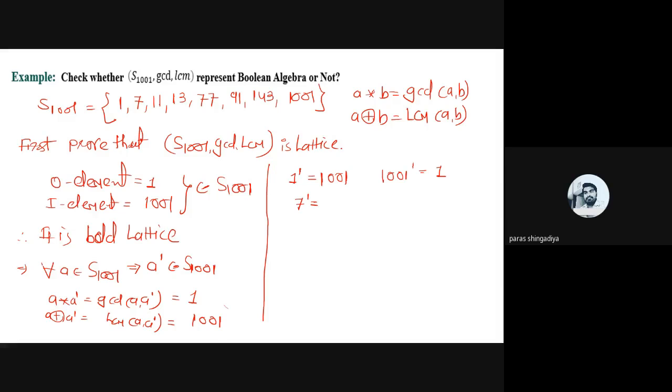You have the possibilities 11, 13, 77, 91 and 143. उसमें से कोई एक नंबर आपको यूज करना है जिसका GCD 7 के साथ 1 हो और उसका LCM 1001. Which number can we consider from S1001? Does anyone reply with the answer? 7 dash क्या होगा?